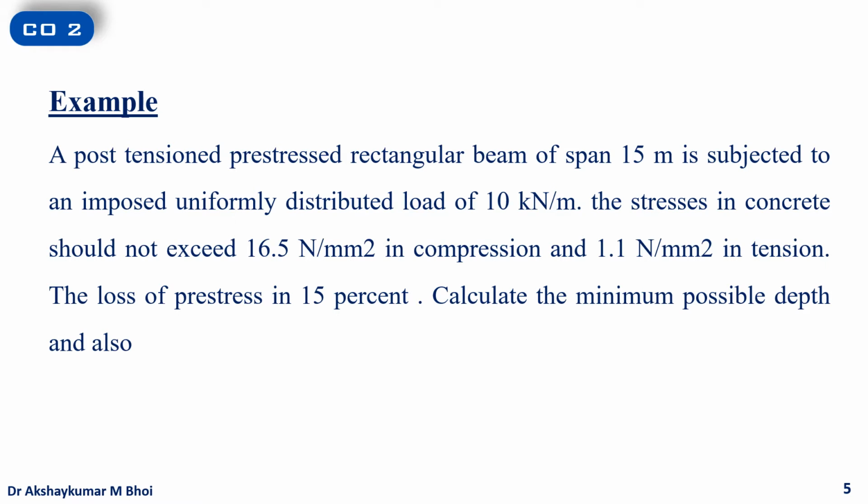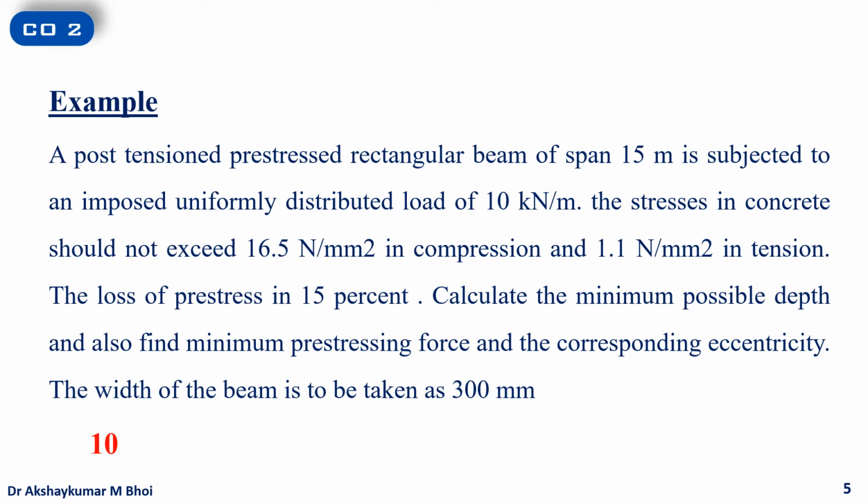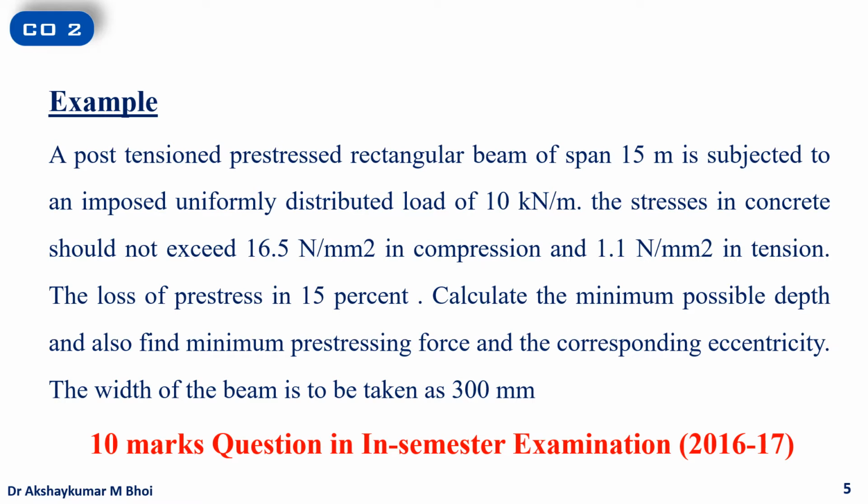The loss of pre-stress is 15%. Calculate the minimum possible depth and also find the minimum pre-stressing force and the corresponding eccentricity. The width of the beam is to be taken as 300 mm. This was a 10 marks question asked in in-semester examination 2016-17.